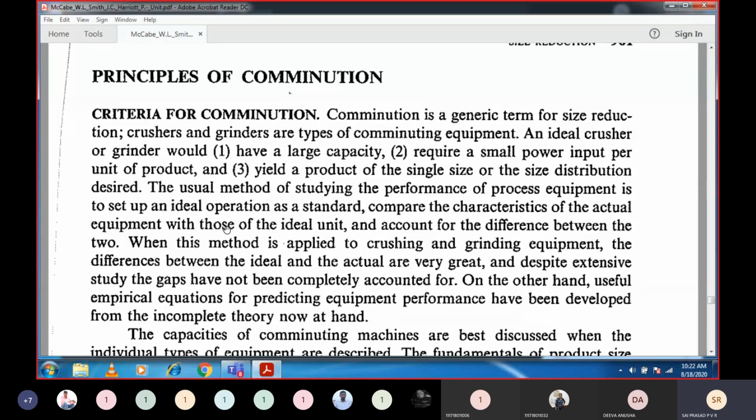You got a very low size, and I am not interested in size enlargement. It is a different branch of science. So what should I do? I should reject this machine and bring another machine which gives from 10 centimeters to 1 centimeter with maximum percentage, without loss. Losses will be there, no problem, but minimize the losses.